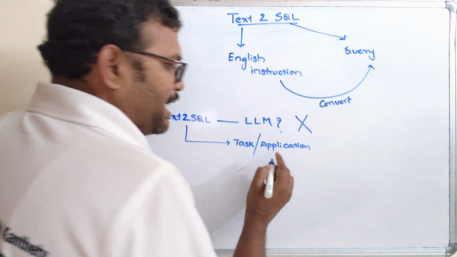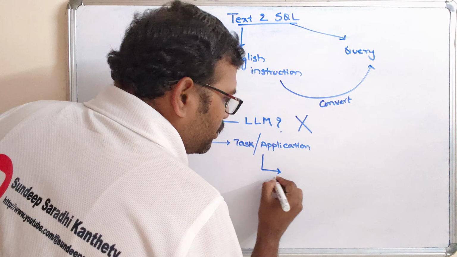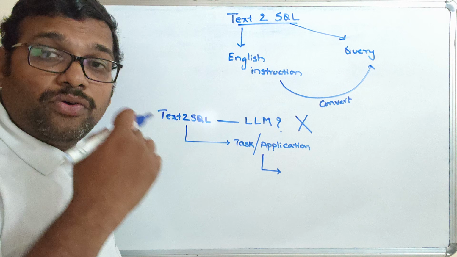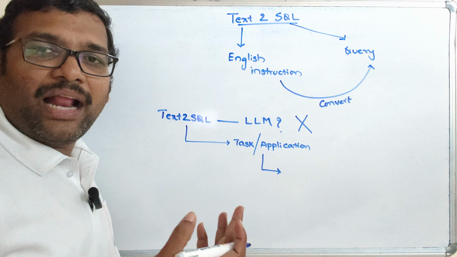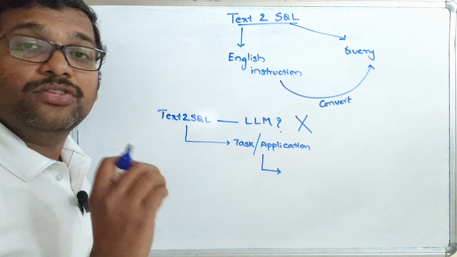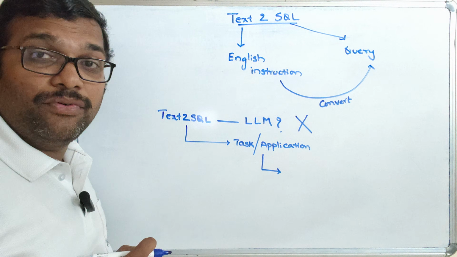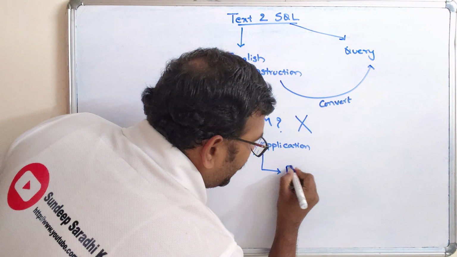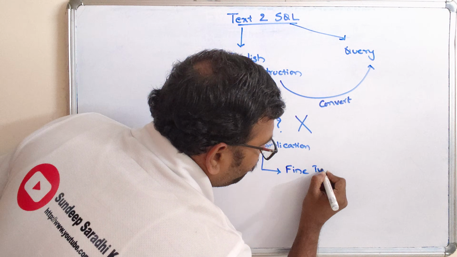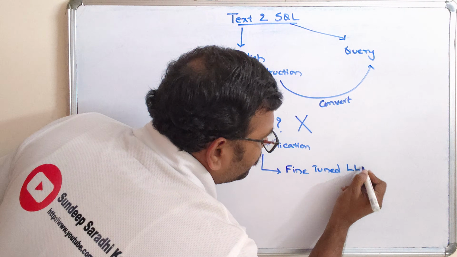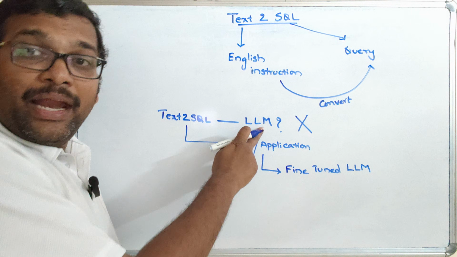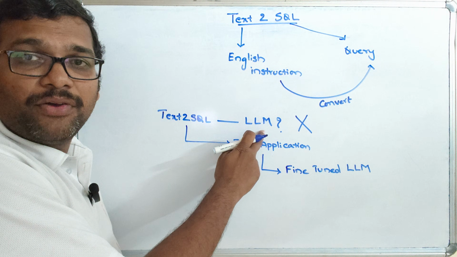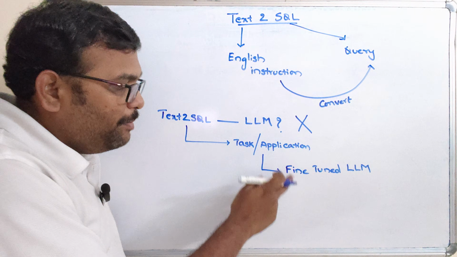So how can this work? Whatever LLM we are using, there are a lot of LLMs. Training that particular LLM for a specific task is called fine tuning. We have discussed that in our earlier sessions, right? So consider this LLM and apply fine tuning on SQL examples, so that it will be fine tuned.